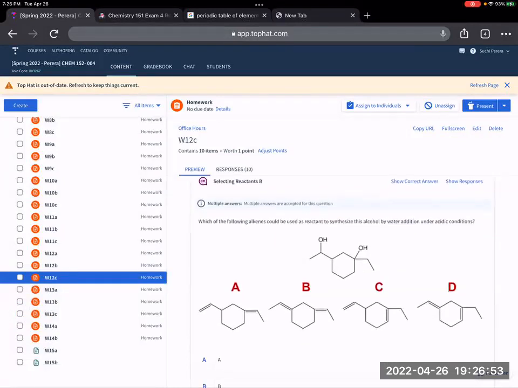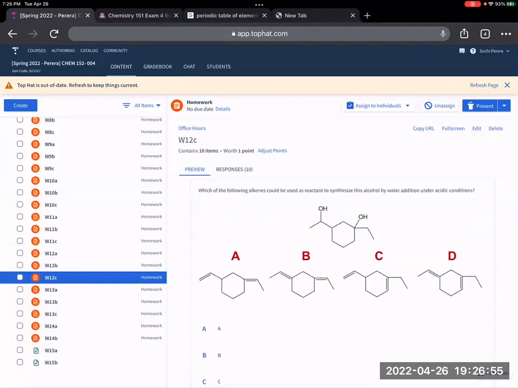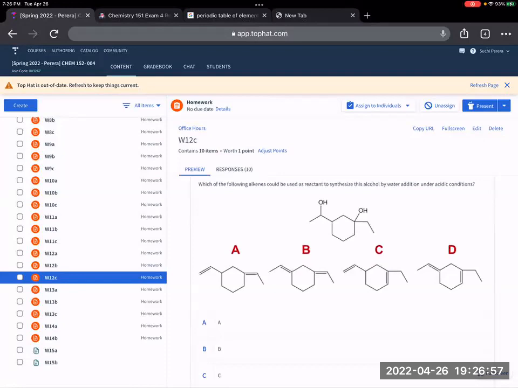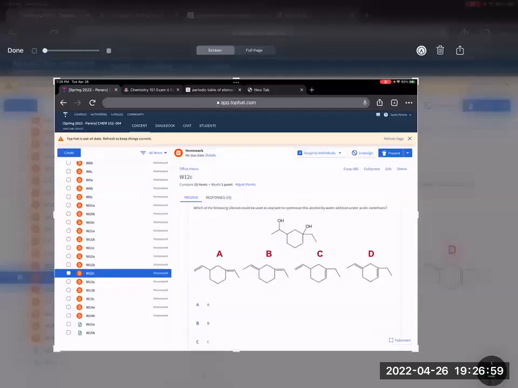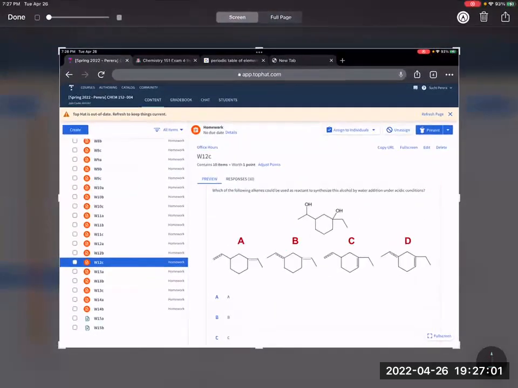All right, so here's another one. Let's deal with this. Which of the following alkenes could be used as reactant to synthesize this alcohol, by water addition under acidic conditions? It doesn't mention whether it is the major product here.